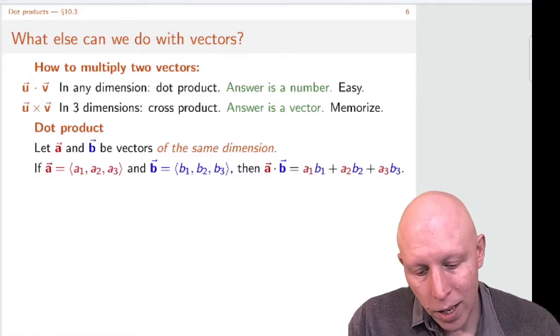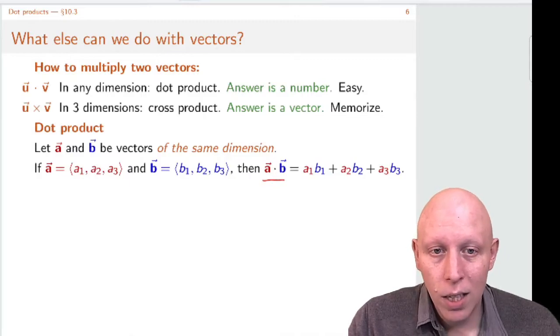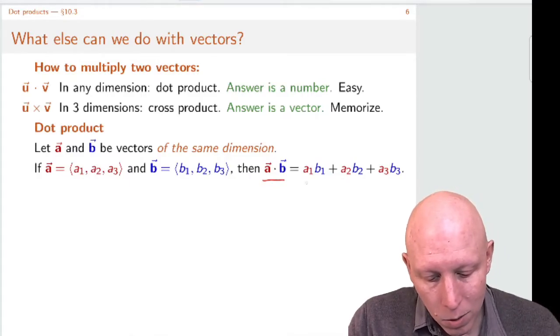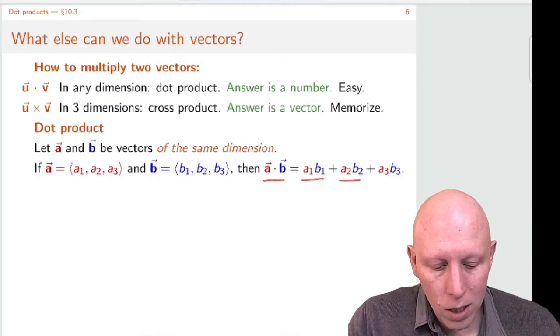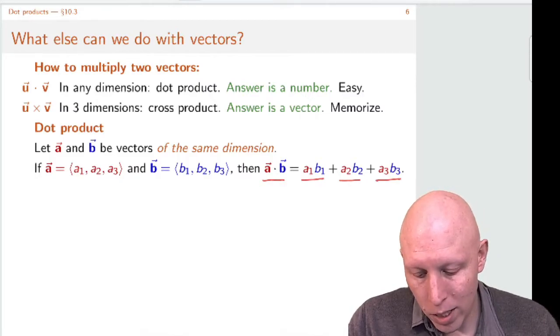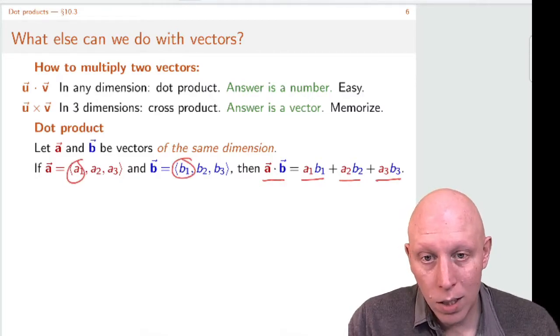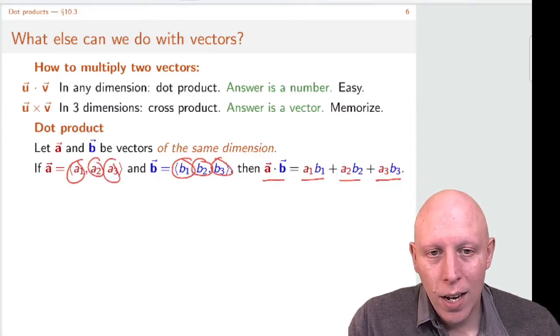If we do that, we get A times B, sorry, not A times B, it's A dot B. A dot B is equal to, well, you multiply each of the pairs of coordinates together, and then you add them. So we take A1 times B1, A2 times B2, A3 times B3, and we add those pieces together.